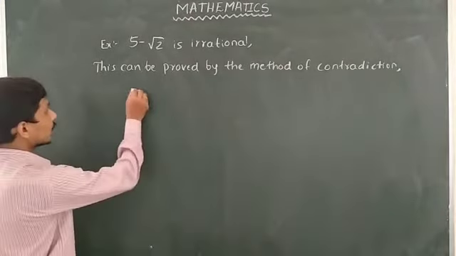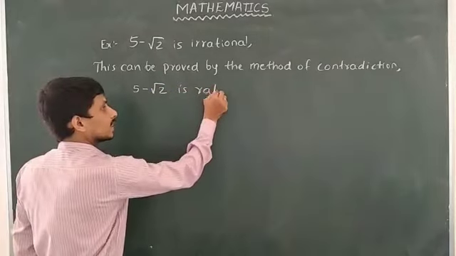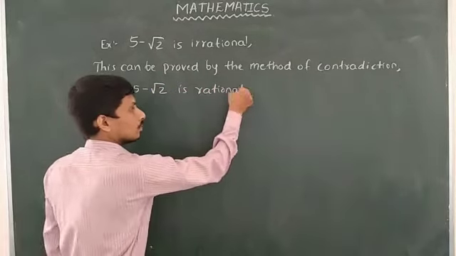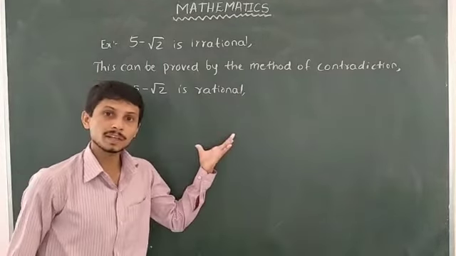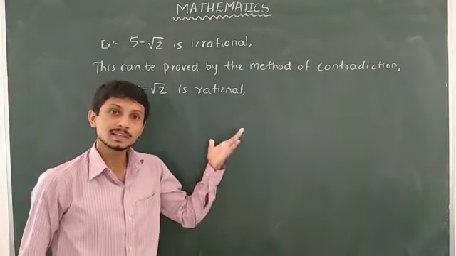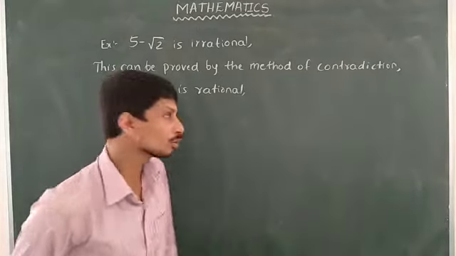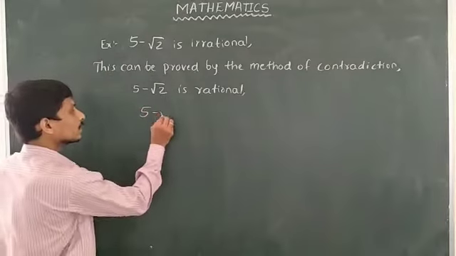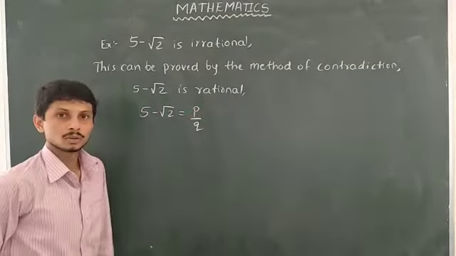So let us take 5 minus root 2 as a rational number. That means it can be expressed in the form p by q, where p and q are integers and q is not equal to 0. That is, 5 minus root 2 is equal to p divided by q.